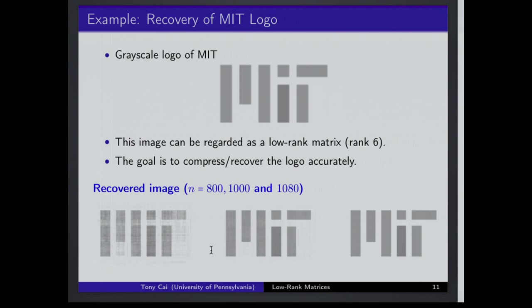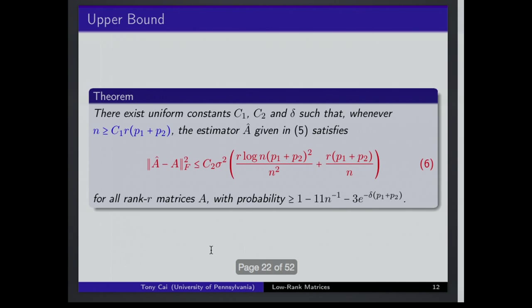But we also want to have some theoretical guarantees. And it can be analyzed, and to show that the estimate A hat, under the condition that n is greater than or equal to some constant times rank times the dimension, the difference between the estimate and the truth under the Frobenius norm is upper bounded by a quantity like that.